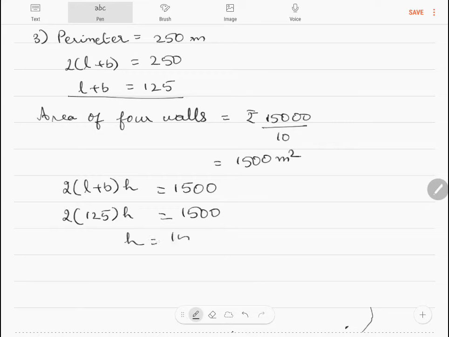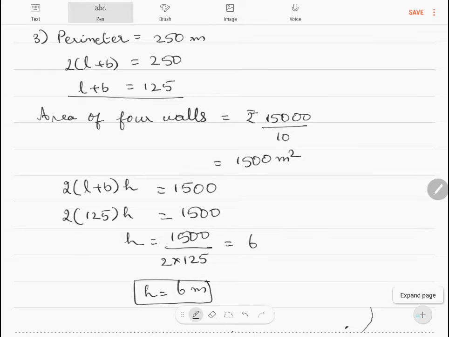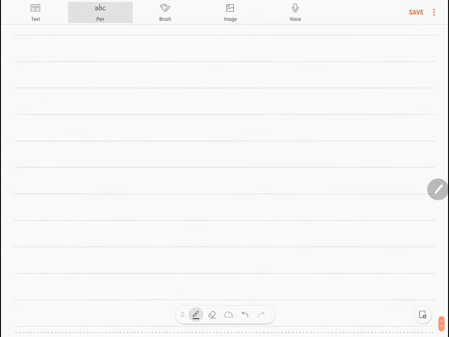H will be equal to 1500 divided by 2 into 125, which is equal to 6. So height is equal to 6 meters. Question number 4.